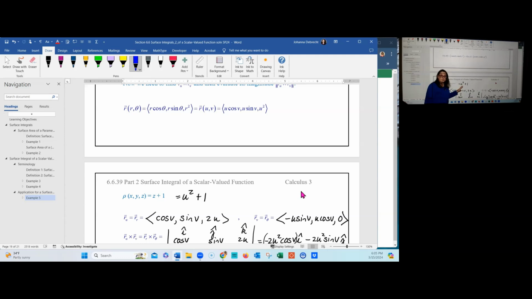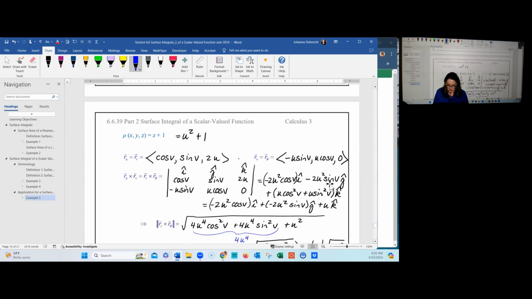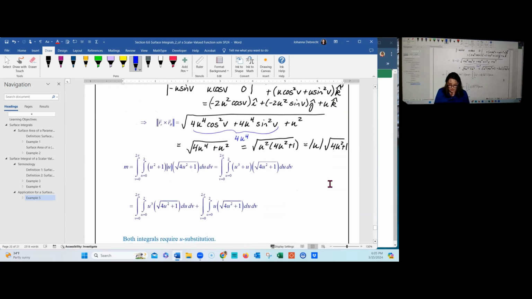And our function, the density function, rho, is z plus 1. The third component in the z location is u squared, so parameterizing the function gives us u squared plus 1. We're going to take the u squared plus 1 and multiply by the magnitude of the normal vector, absolute value of u times the radical 4u squared plus 1.